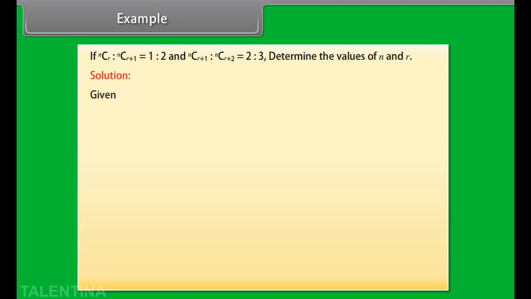Solution. Given nCr is to nC(r plus 1) is equal to 1 is to 2. n factorial by (n minus r) factorial into r factorial is to n factorial by (n minus r minus 1) factorial into (r plus 1) factorial is equal to 1 is to 2.